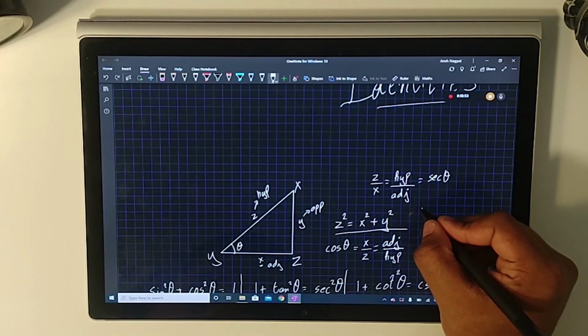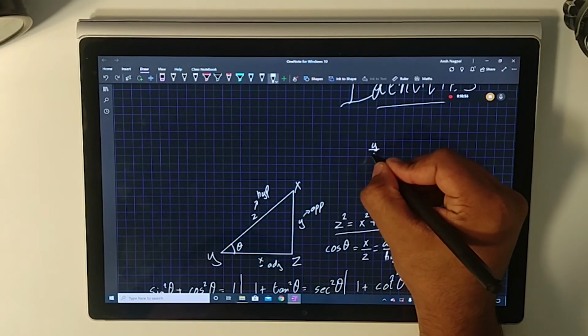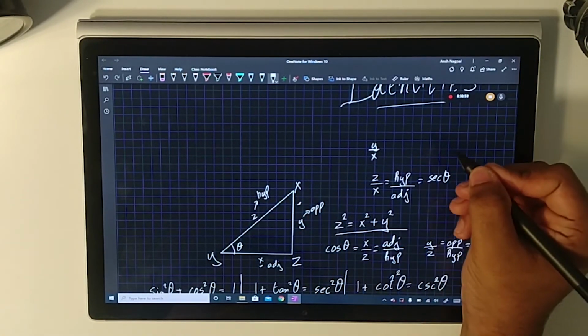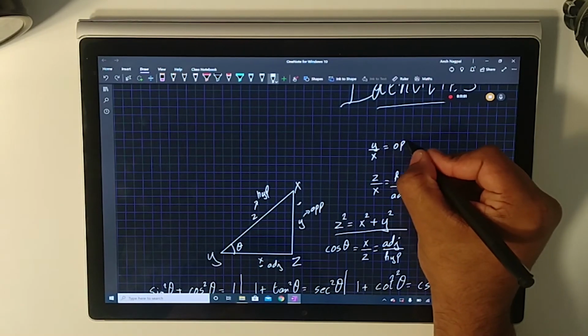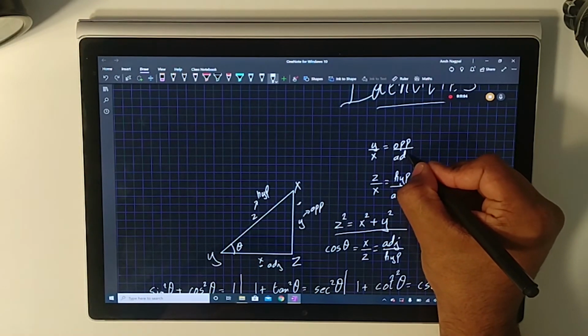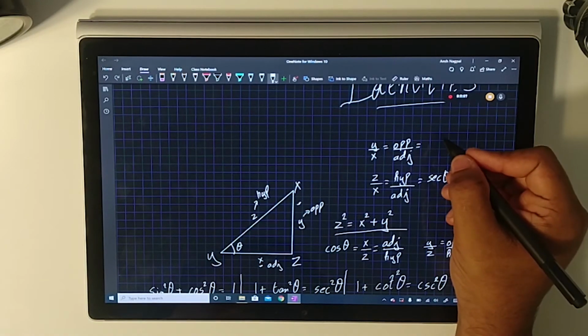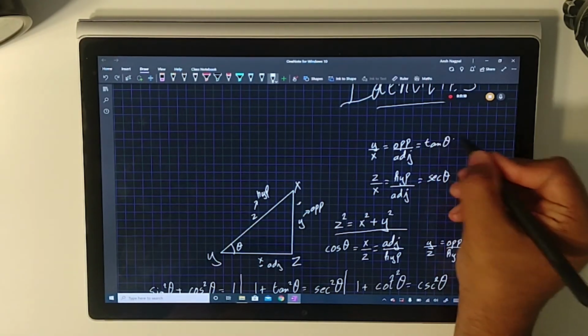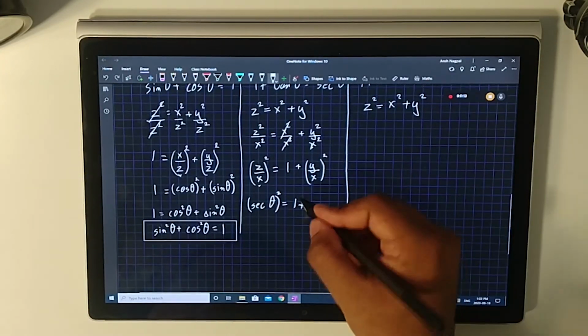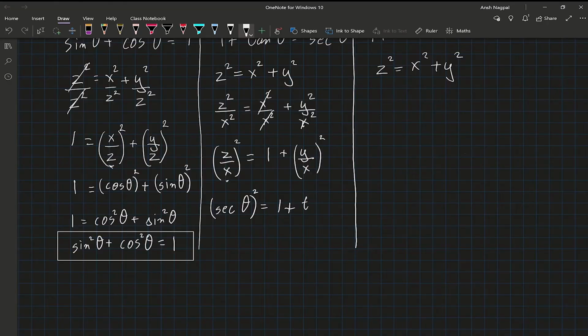What is y over x? In this triangle, y over x is opposite over adjacent. And what is opposite over adjacent? Yeah, tangent theta. So I can write y over x as tangent theta, square, and I can rewrite the equation as 1 plus tangent square theta equals secant square theta.